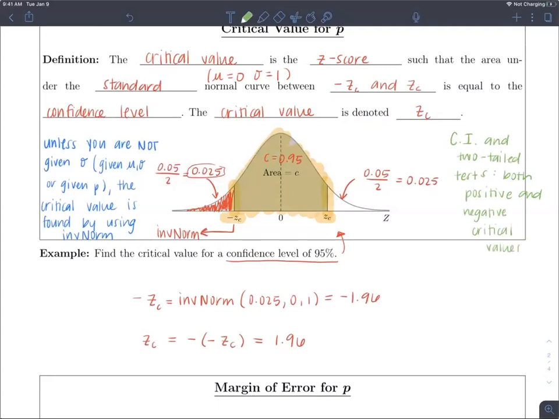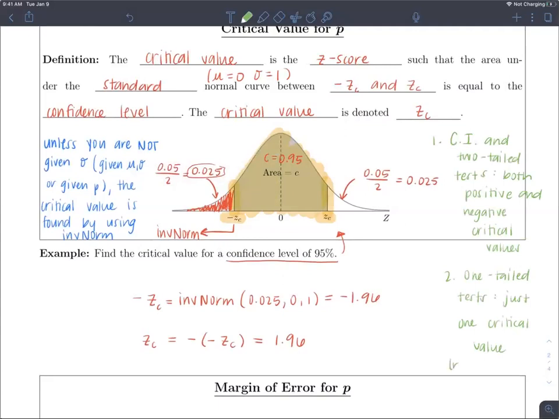And then, so this is like 1, and then 2, one-tailed tests is just one critical value. And you could take it even further. You could say right-tailed test is positive critical value, left-tailed test is negative.